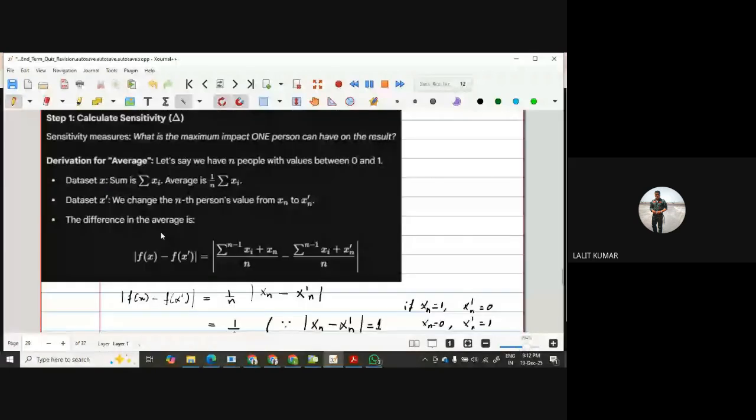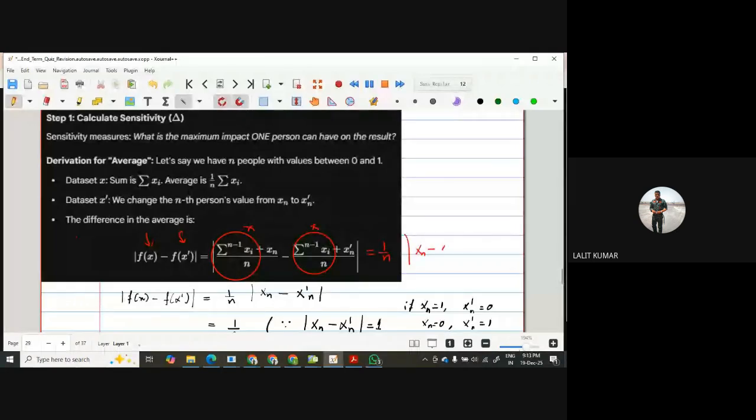Now, what do we do? We make a function f(x): one is the correct f(x), and the second is the other one, where we change the nth person. Similarly, for the others up to n minus 1, they are the same. So these will cancel out, and this will become 1 by n times (x n minus x prime n).